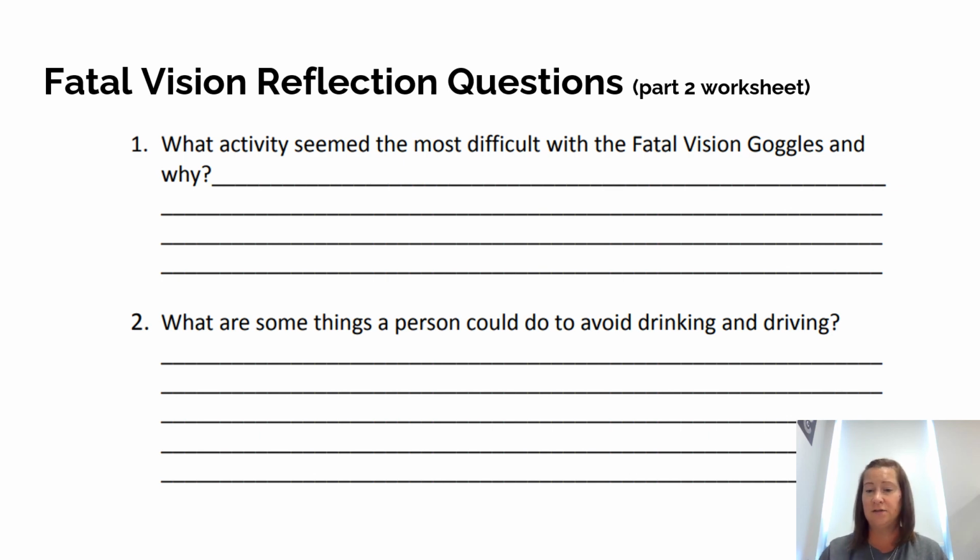Some of the answers I get are, take an Uber. You can't drive if you don't have a car there. Always go out with a designated driver, so you've got your one sober friend all the time. Make sure that you walk. In this day and age, it's so much easier with Uber and rideshare to avoid drinking and driving. It's not as difficult as it used to be maybe 15 or 20 years ago when you had to call a cab.